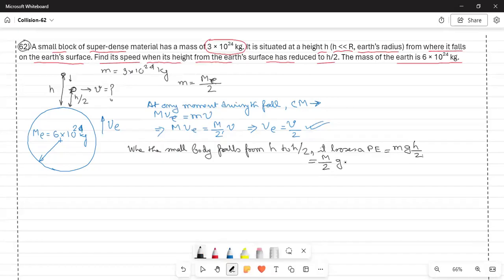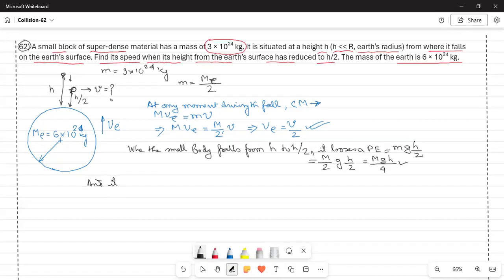So it loses this potential energy. By this loss of potential energy, it gains kinetic energy.